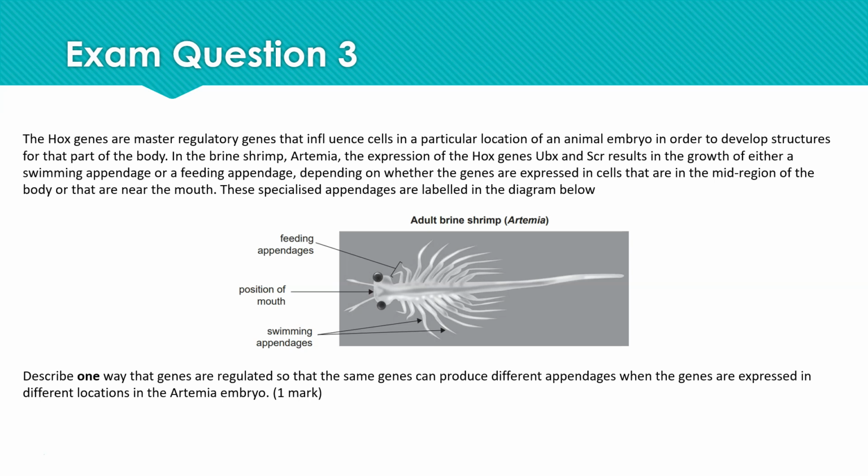Now, you need to describe one way that genes are regulated so that the same genes can produce different appendages when the genes are expressed in different locations in the Artemia embryo. So have a bit of a think about this and see if you can come up with a reason why you might see this difference.